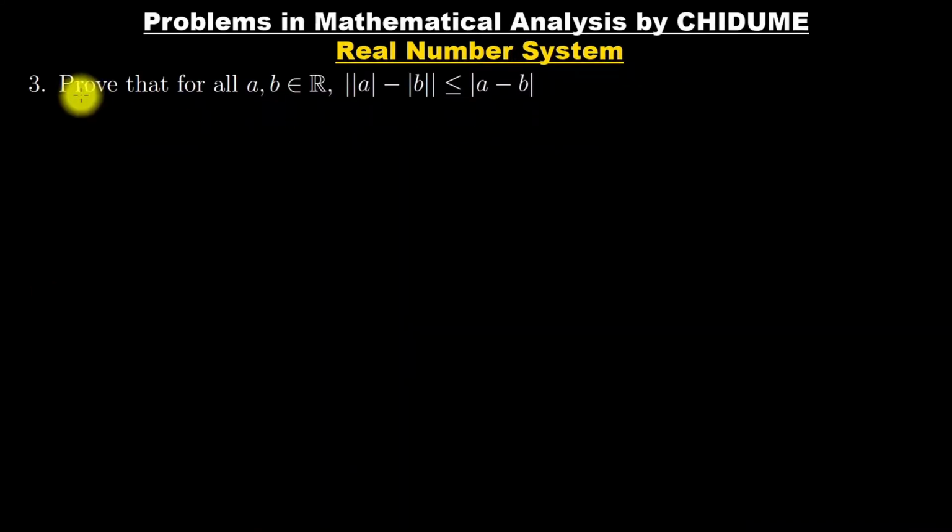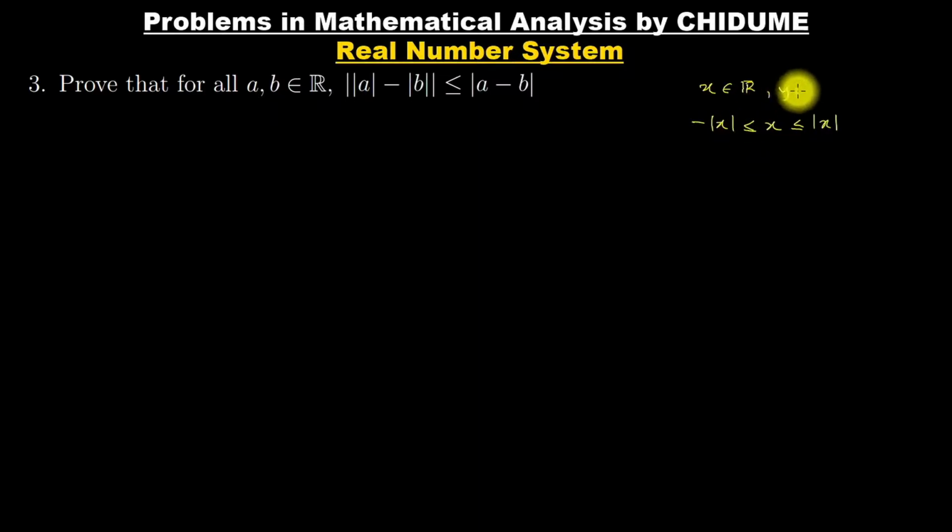In this question, they said prove that for all a, b in R, the absolute value of A minus the absolute value of B is less or equal to the absolute value of A minus B. Now you recall that for any real number x in R, this is true: the negative of the absolute value of x is less or equal to x, which is less or equal to the absolute value of x.